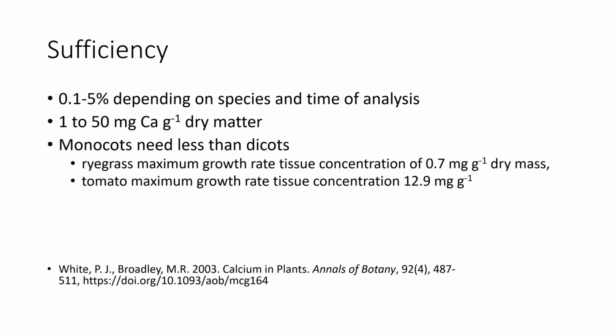The literature shows that on ryegrass, maximum growth rate of tissue had a concentration of 0.7 milligrams per gram dry mass, whereas maximum growth rate on tomato, the tissue concentration was 12.9 milligrams per gram dry mass. That is a difference of about 15 times. It is much more important in the growth of dicots than it is in monocots.